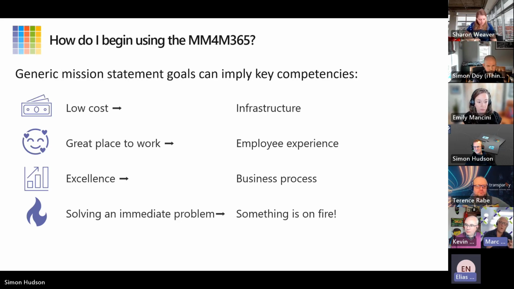Like I said before, where can we hook into something that has already been expressed as an imperative for our organization by the people who run it, because you want their ownership in your attempts to improve your competencies.